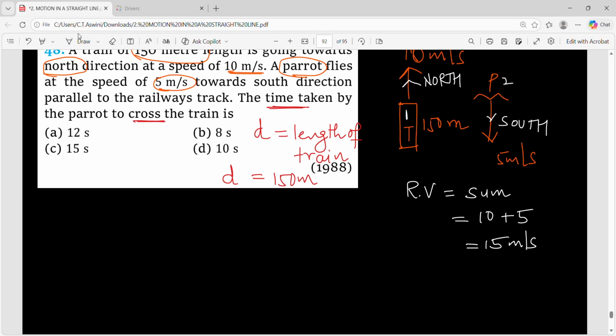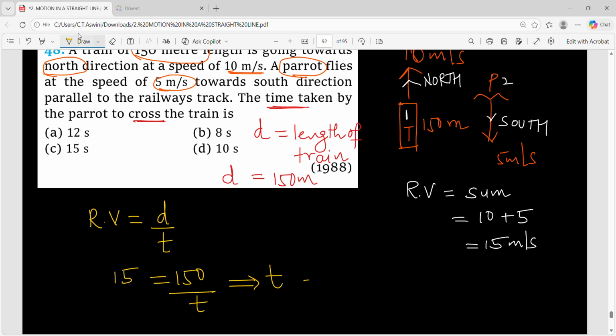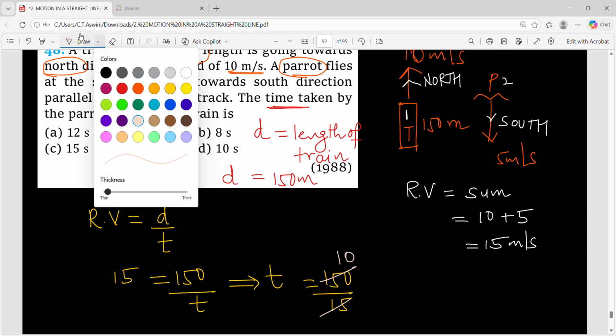So very simple, just apply the concept here. Velocity is equal to displacement upon time. But this time you have to take relative velocity. What is the relative velocity? 15. What is the distance? 150. Time we don't know. So time is equal to 150 upon 15. 15 one time, it is 10 times.